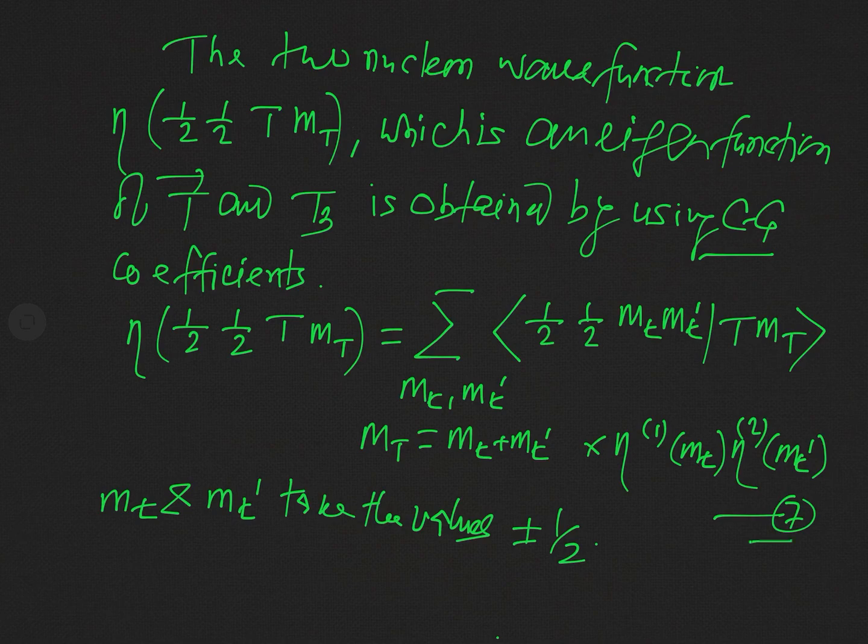And from this equation 7, now we can find the isospin singlet state and the isospin triplet state. That is, the wave function for the isospin singlet state and isospin triplet state, we can easily write it.